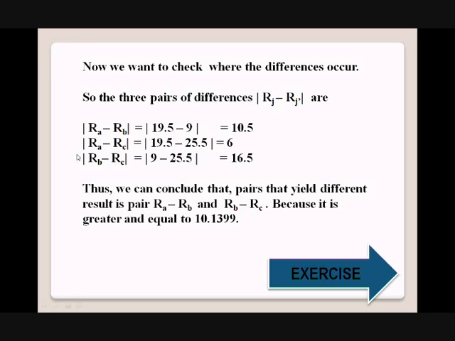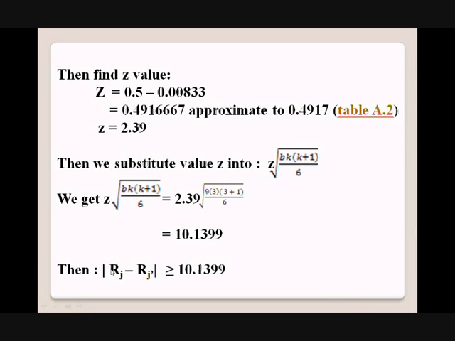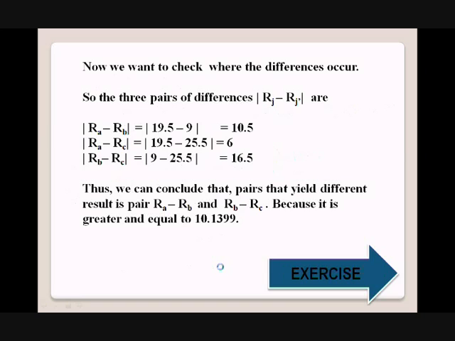So we compare these three with the statement before, that is Rj minus Rj prime greater or equal to 10.1399.